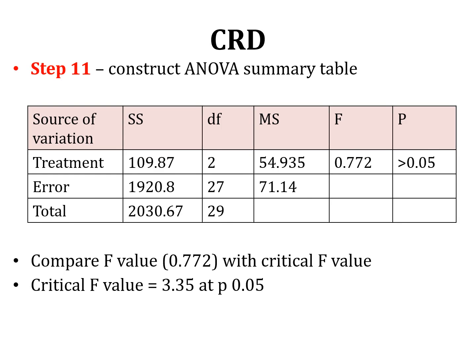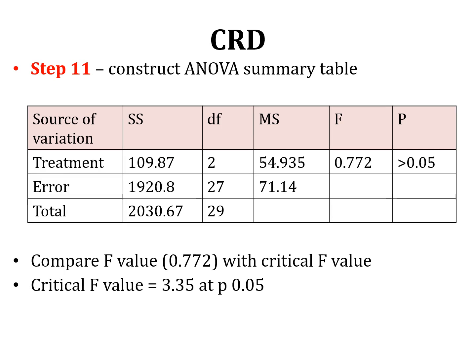Now we put the results into the ANOVA summary table. In the ANOVA summary table we have the first column, which mentions the sources of variation, and these are treatment and error, and their total is also mentioned. Then we have the sum of squares, which are 109.87 for treatment and 1920.8 for error, and their total is 2030.67. In the next column we have degrees of freedom, which is 2 for treatment, 27 for error, and 29 for total.